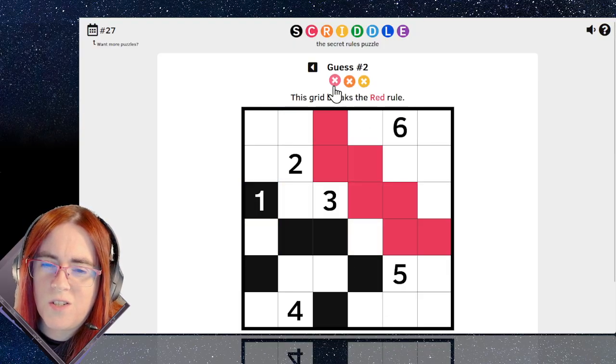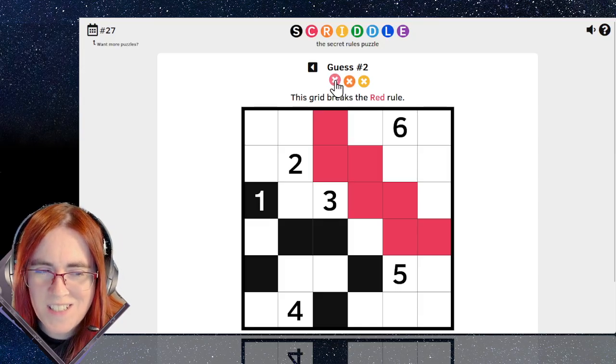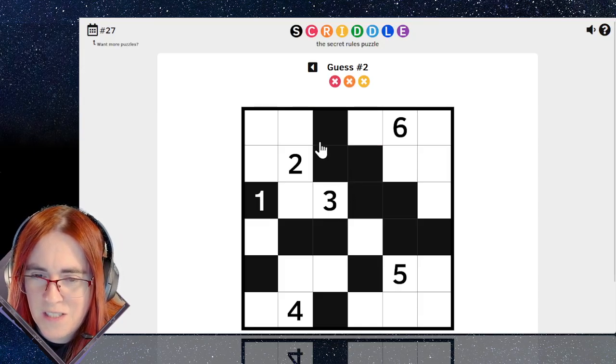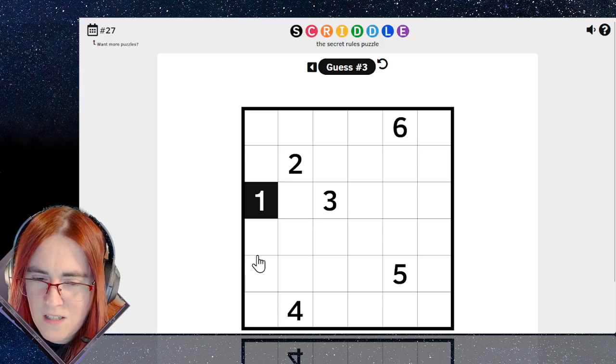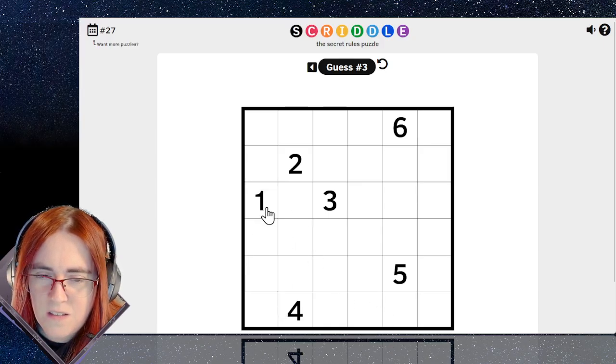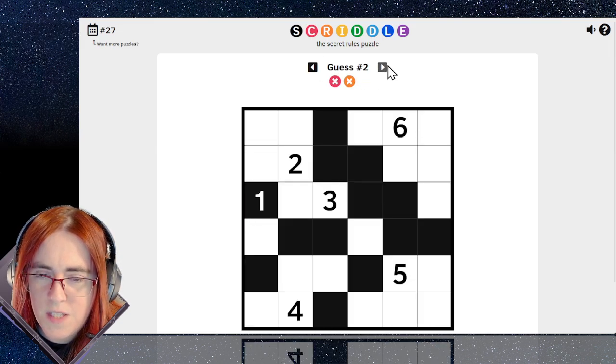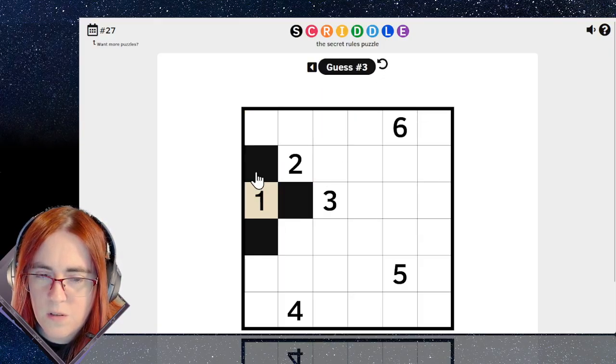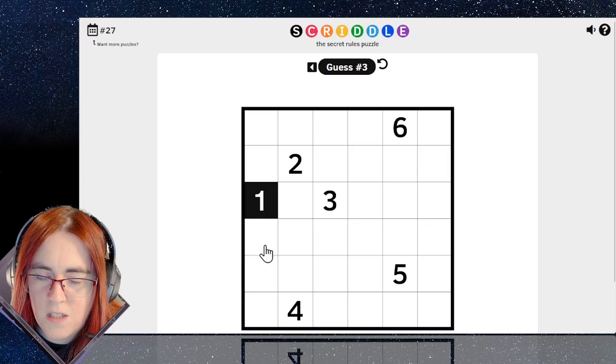Unfortunately, this feels like it's just reinforcing my imagined set of rules. Maybe I made a mistake? Right. If we don't shade the one, that would be an immediate fail, in the same way that these cells here fail the orange rule. So we have to shade that.